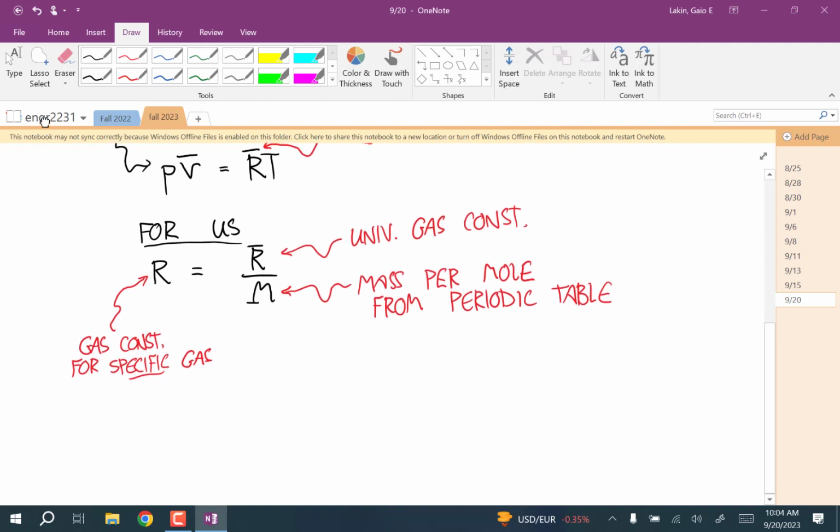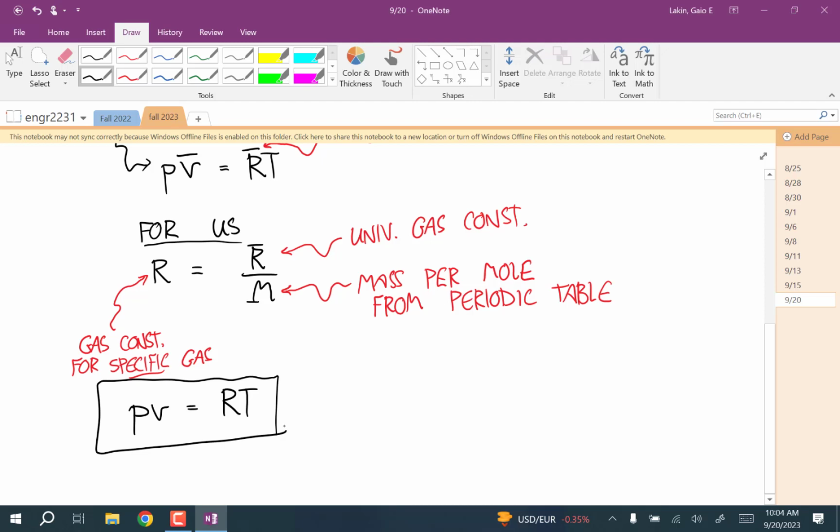Based on that, our form of the ideal gas law is P times the specific volume, that's the volume per mass, is equal to RT. So that's the one we're going to use.